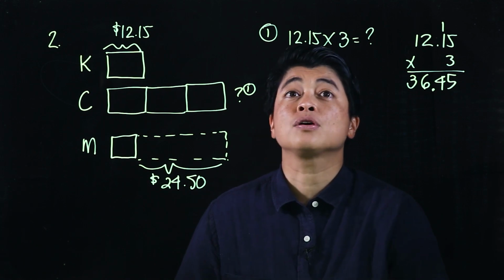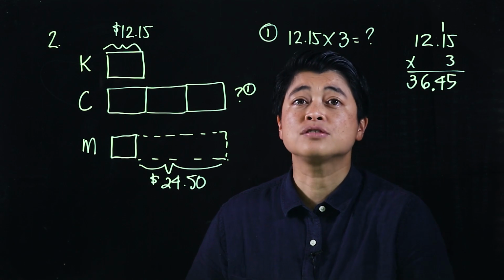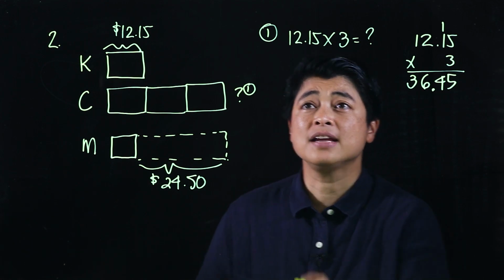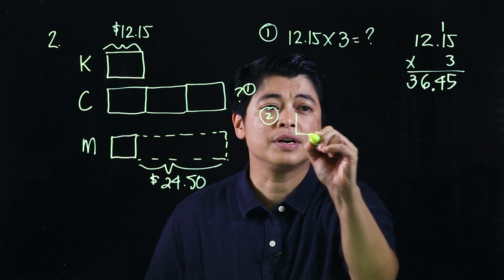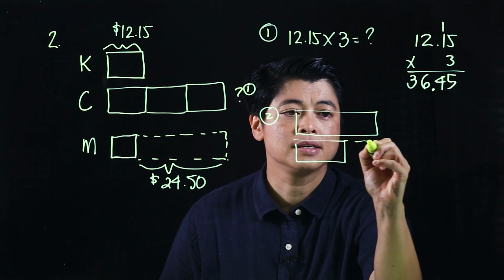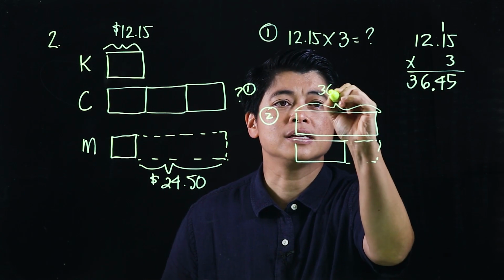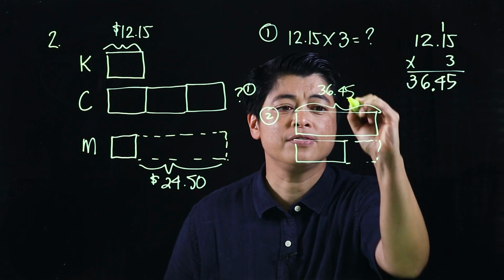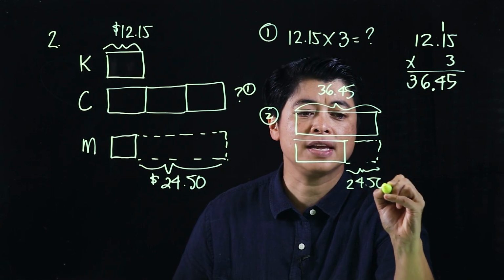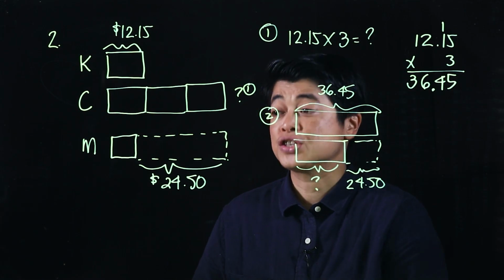So we know that Carl had saved $36.45. If I wanted to, I could redraw so that the kids won't get stressed. This is 36.45. This is 24.50. And this is the real question.